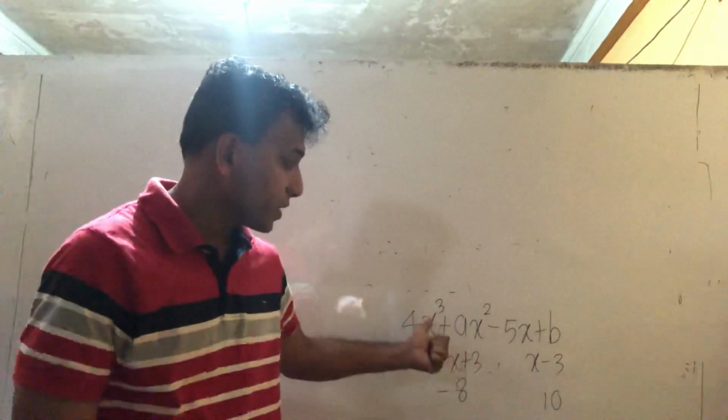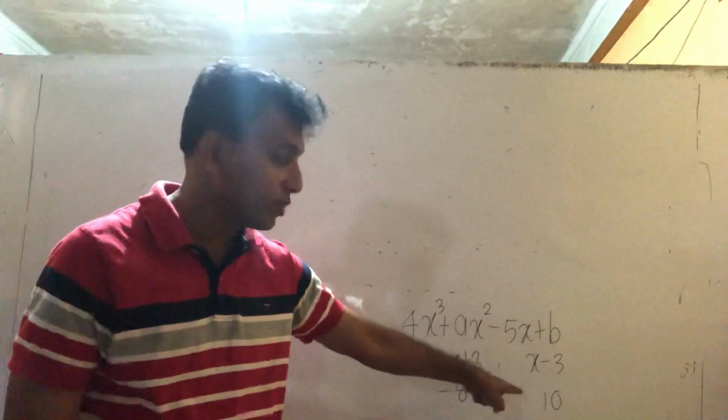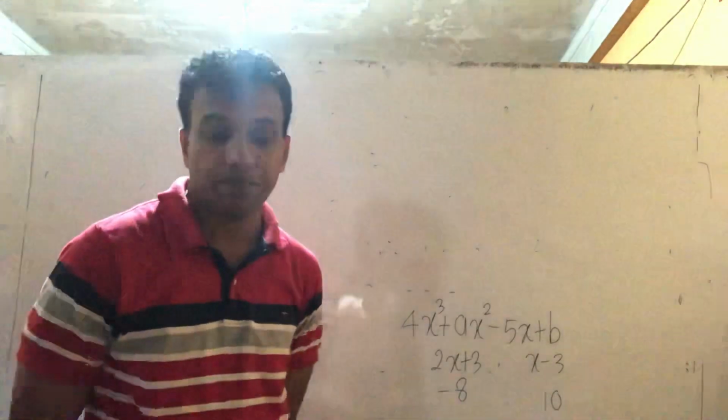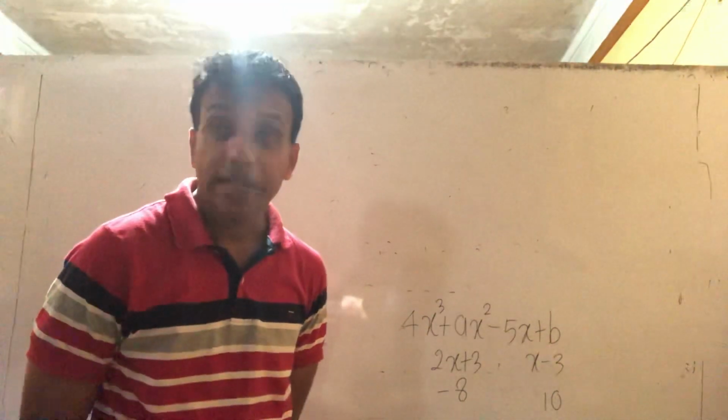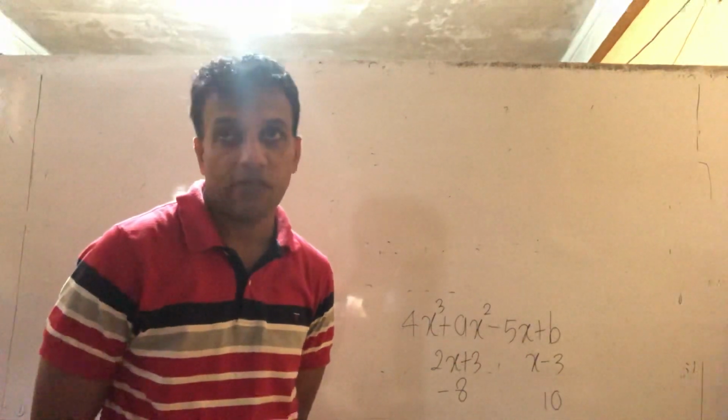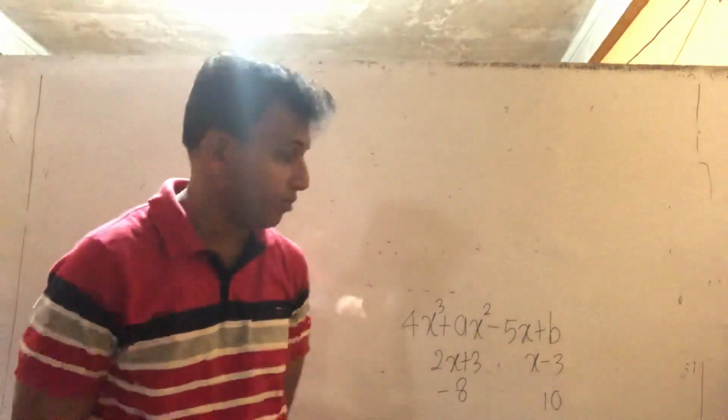The same expression divided by x minus 3 has remainder 10. Then find the values of a and b.